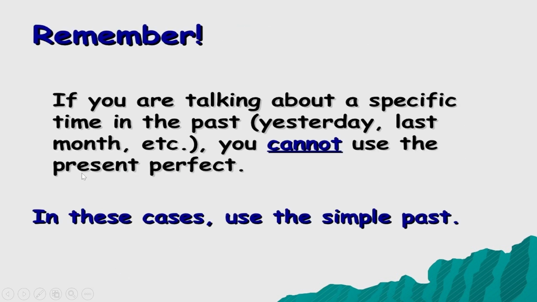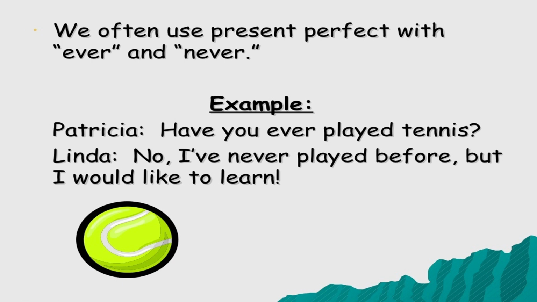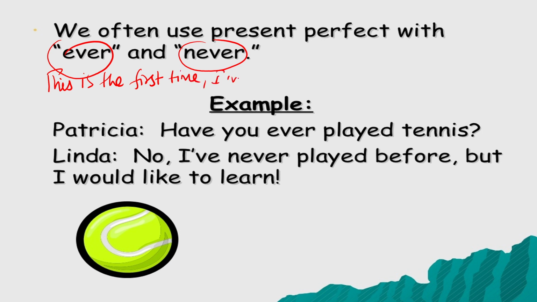Now, next thing, we often use present perfect with ever and never. We have already discussed that we use present perfect with such words, ever and never. Like, this is the first time I have ever climbed a steep hill.